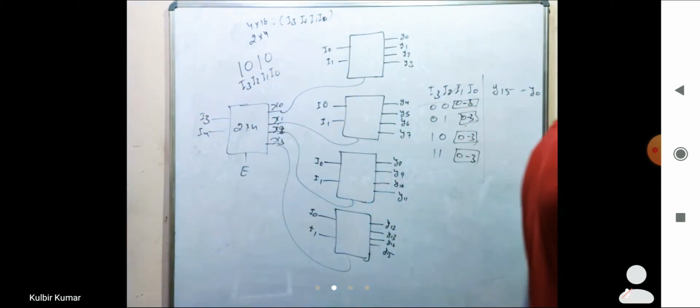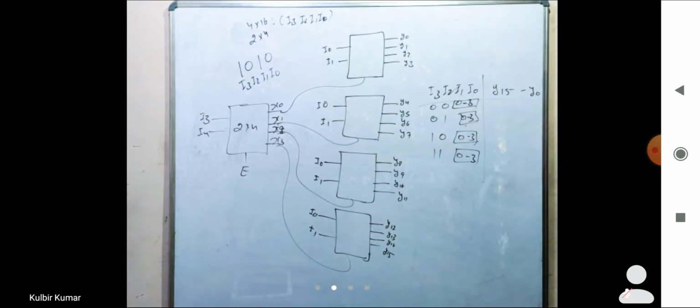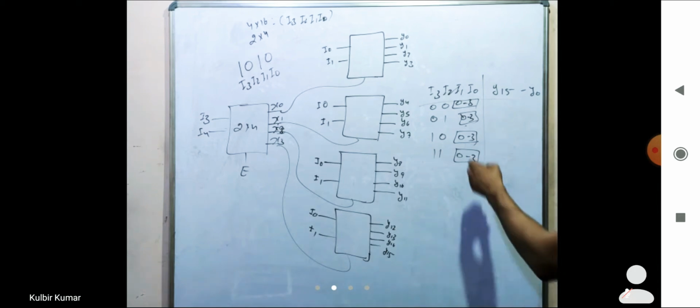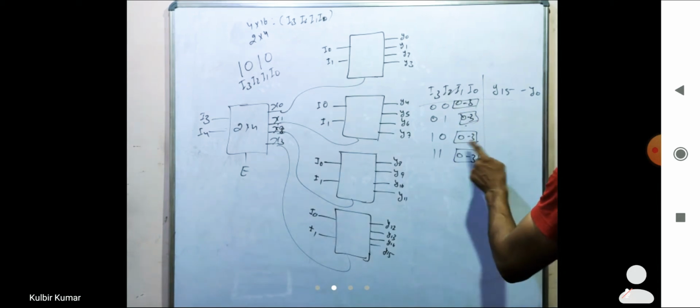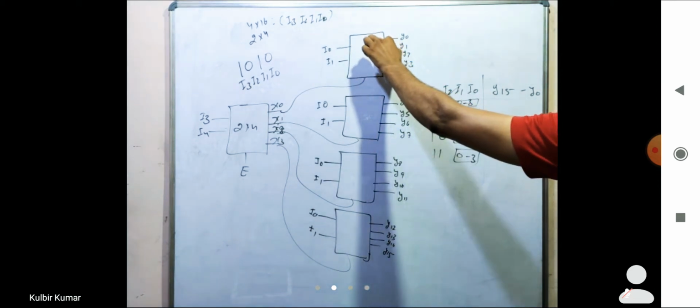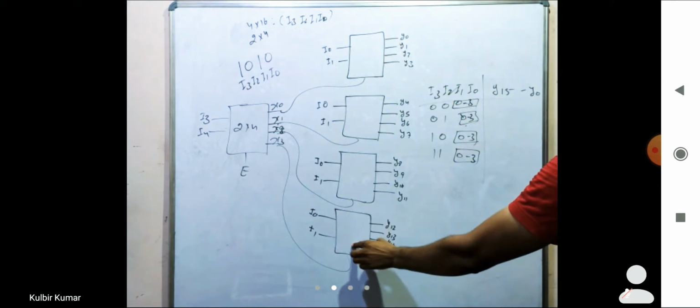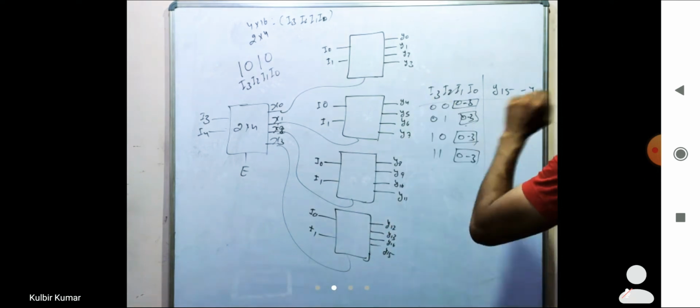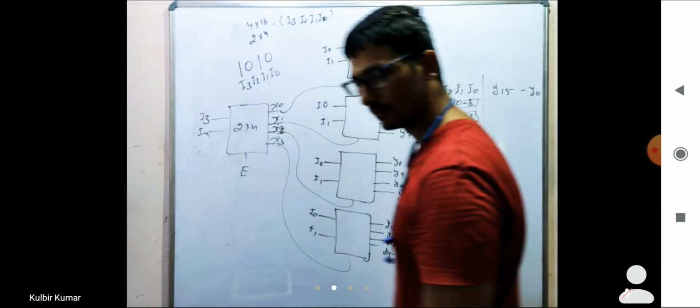In the same way, when I2 and I3 have value 0 1, again I0 and I1 have 4 combinations, and in a similar manner whenever I2 and I3 have value 1 0 and 1 1, so 4 combinations are there and for each there are 4 further combinations of I0 and I1. So you can think that they are nothing but 0 to 3, 0 to 3 and so on. So simply you can take I1 and I0 and create combinations 0 to 3, 0 to 3 and so on, and which one will be activated can be decided with the help of I3 and I2.